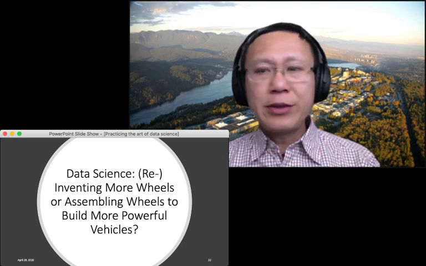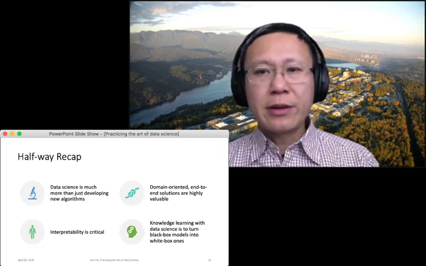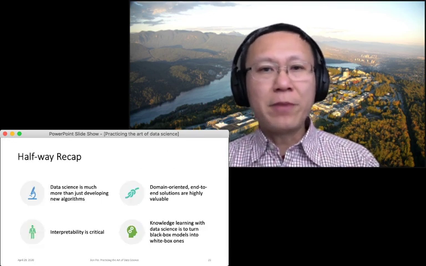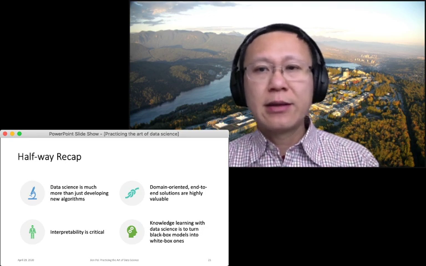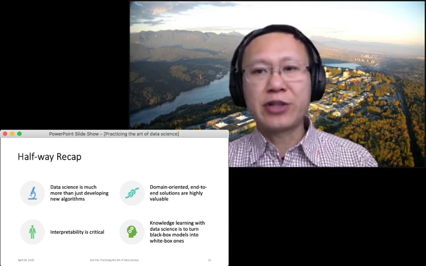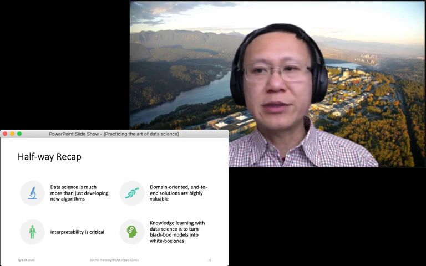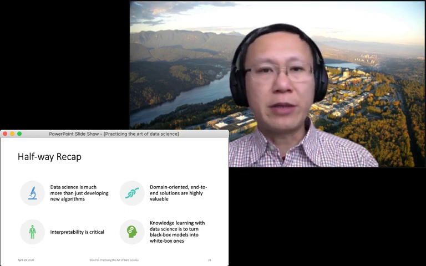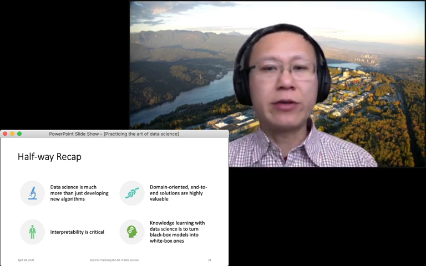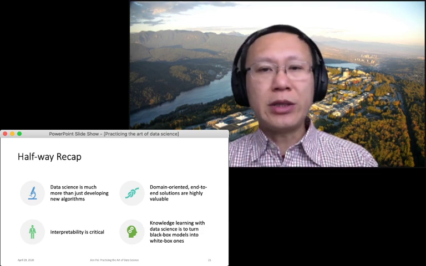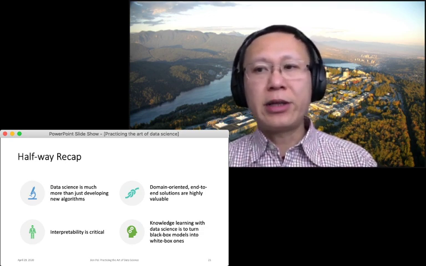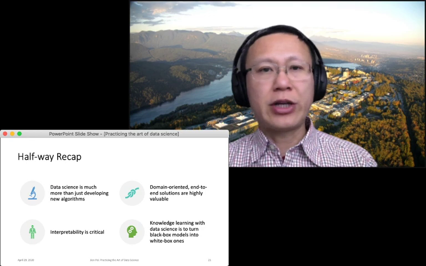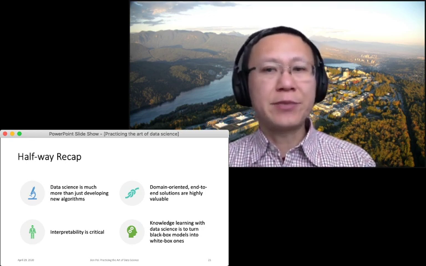Using the above two examples, I hope I convinced you that data science is much more than just developing new algorithms. Indeed, interpretability is very, very critical. We also need to consider domain-oriented end-to-end solutions, which are highly valuable to domain experts.